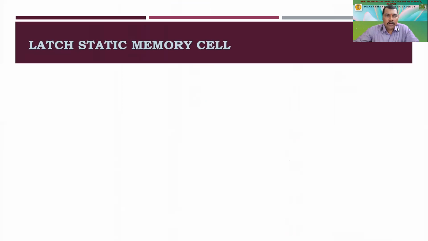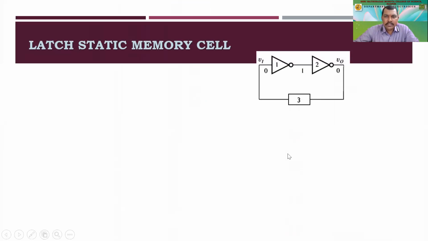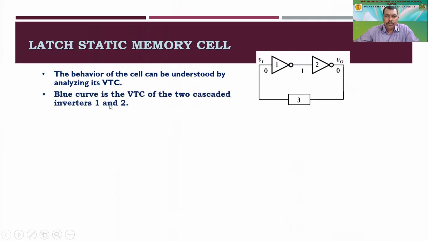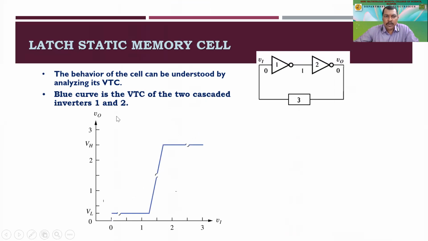Now, latch static memory cell. This is the basic concept of the memory cell that we are expecting to study today. So we have two cross-coupled inverters. The behavior of the cell can be understood by analyzing its VTC, the voltage transfer characteristic. So the blue curve is the VTC of the two cascaded inverters, 1 and 2.